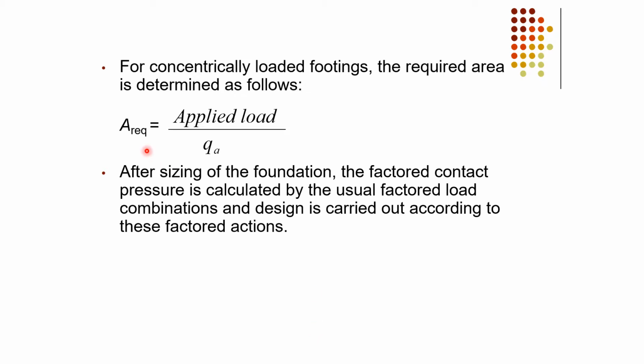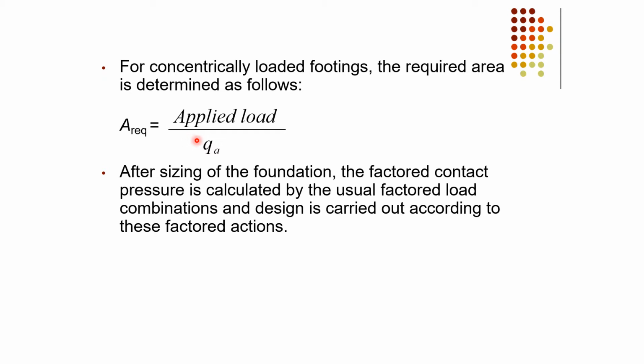Here is the formula for how we calculate the size of the footing in plan. For concentrically loaded footings, the required area is determined as follows. This is the basic stress formula, load over area is equal to stress.